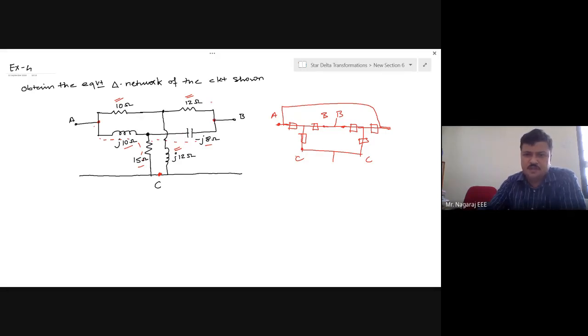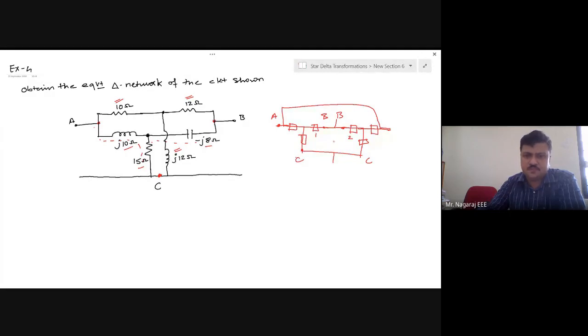Now having two star networks in parallel is a bit complex to solve, because if you take these impedances, I cannot say they are exactly in parallel to each other. So to get the solution of this circuit, I have to convert this into a delta network.